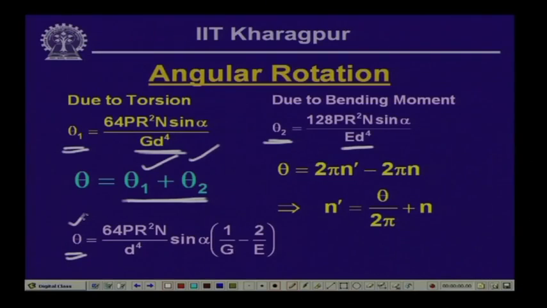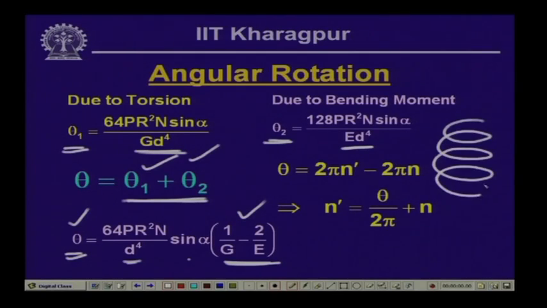And if we try to find out the final theta, this is the difference between these two, which is 64 P R square N by D to the power 4, sin alpha times (1 by G minus 2 by E). Now, because of this angular rotation, it is expected that there is going to be an increase in the number of wounds.